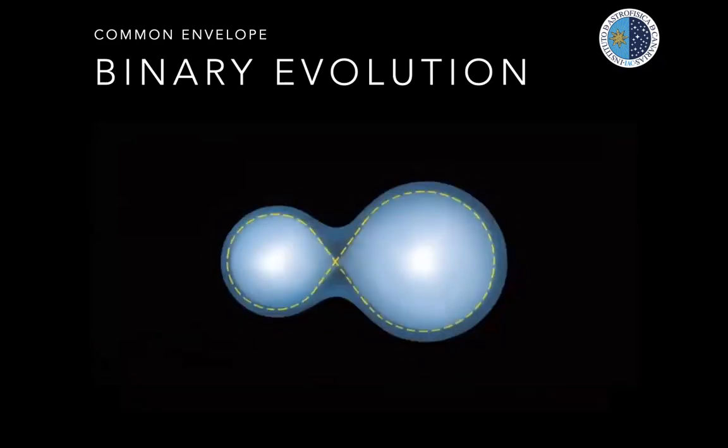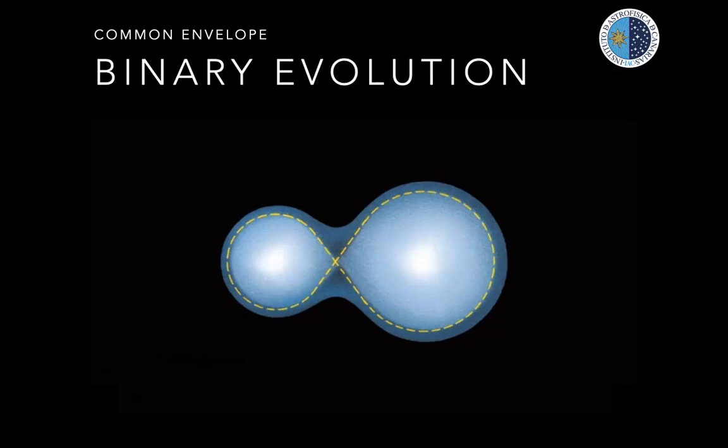So the material that is then lost from the more massive star due to its continued expansion engulfs the whole system. This material is now no longer bound to one star or the other. It's only attached to the system. And importantly, it is not co-rotating with the two stars. All the while, these two stars are orbiting one another, and this material is not in co-rotation.